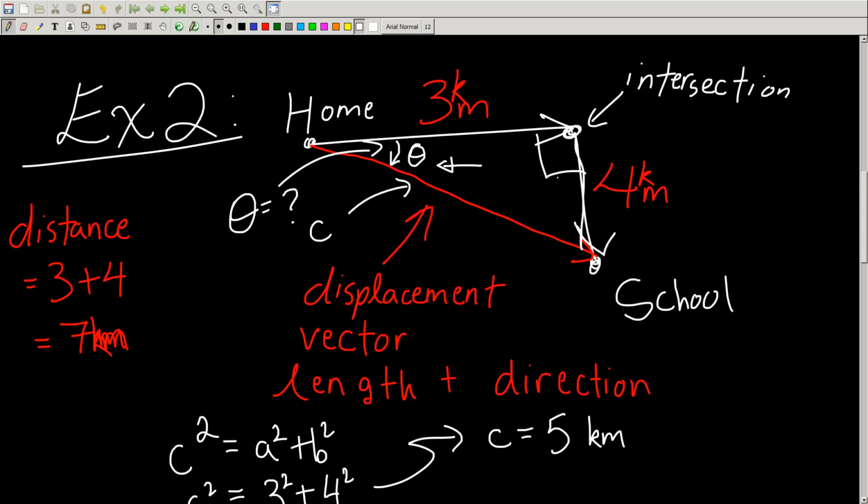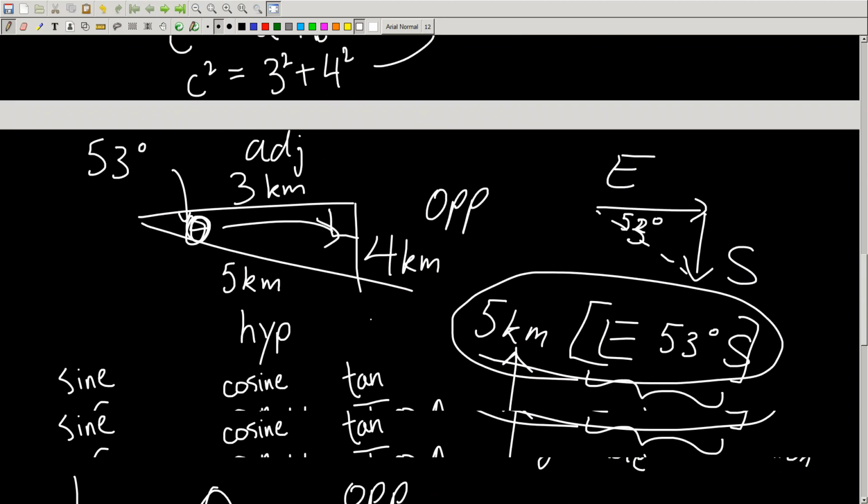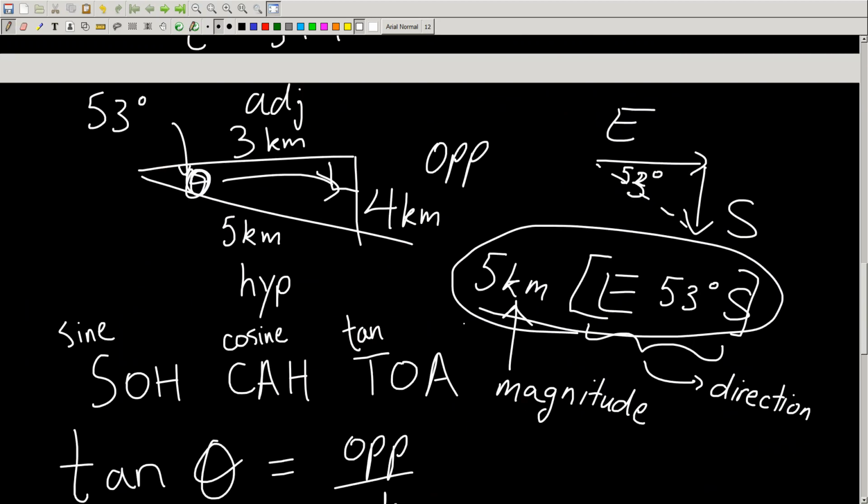The distance involves just taking these two numbers and adding them, giving us 7 kilometers. However, the displacement is a little trickier. We have to actually find the length of the arrow using the Pythagorean theorem, and that gave us 5.